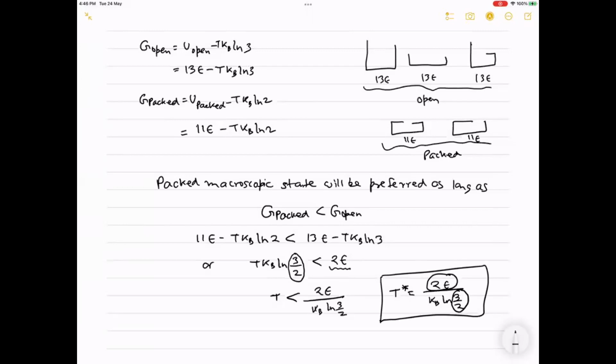Okay, and this is how we can apply the idea of free energy minimization to understand the shape of the protein. So what we did here, we used a very simple model of protein folding, also called the HP model of protein folding, to understand under what conditions the protein will be found in different macroscopic states. Here we took a simple example of open and packed macroscopic states.